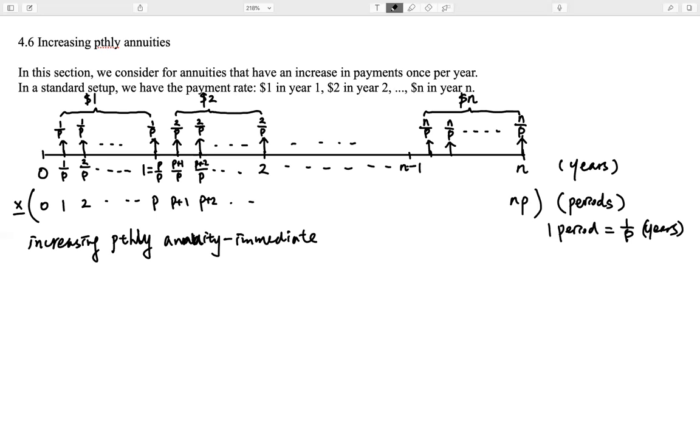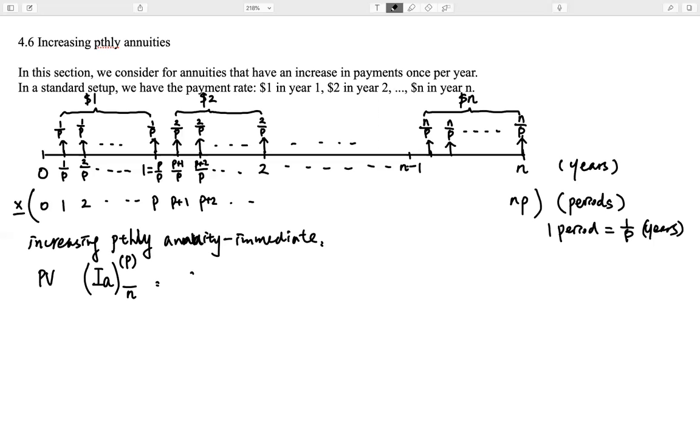Let's put a notation. So obviously we first look at the present value, and the notation we use is IA. Again, I stands for increasing, A stands for the present value. Because this is pthly, I write upper P. Since I have n years in total, that's my notation.